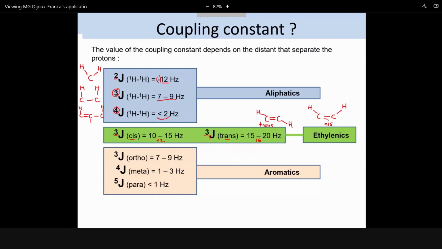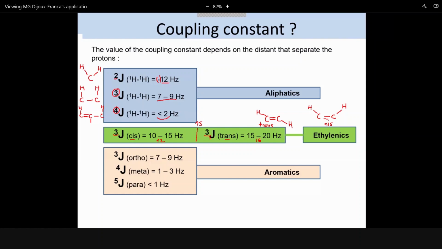So when you have a big coupling constant like that, you must think about a double bond. And the limit is 15. If it's lower than 15, you have a cis configuration. If you are above 16, you have a trans configuration.